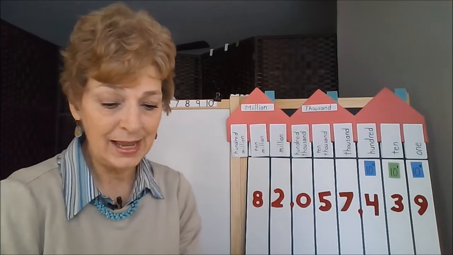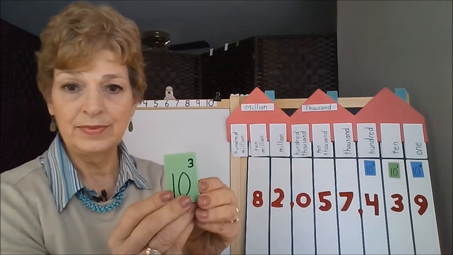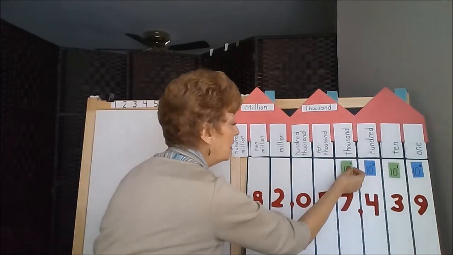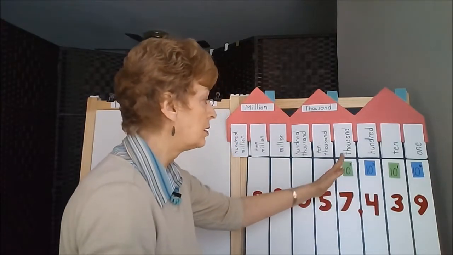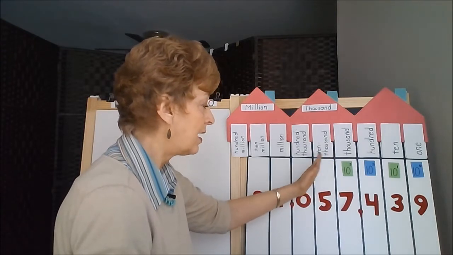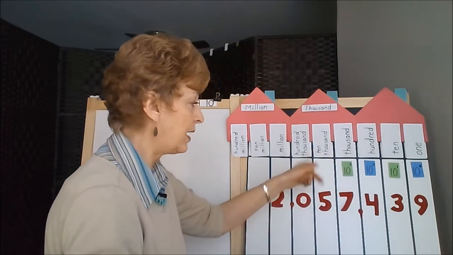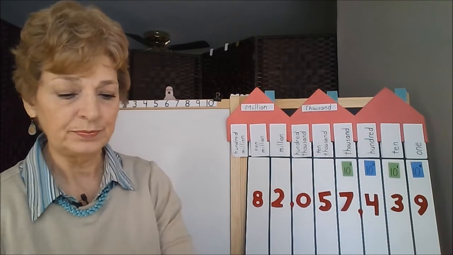10 times 10 times 10, that would be this one. 3 tens multiplied together is 1,000. So we have our base 10 keeps on jumping one. For each column that it jumps, we have the next exponent.